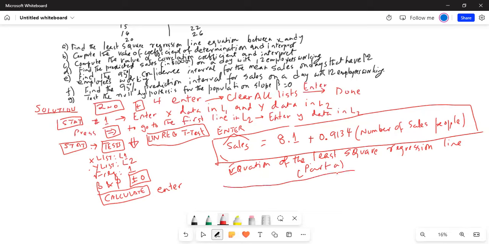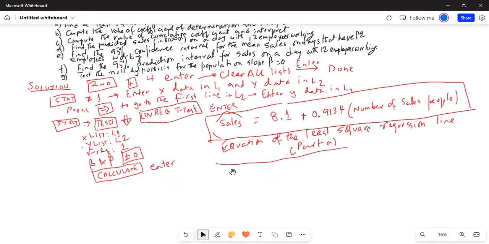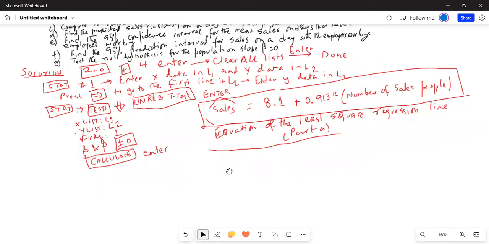So let me create some space. I remember it asks for the coefficient of determination and the correlation coefficient. So let me change the color of the ink.